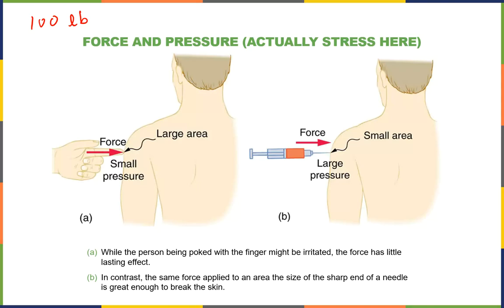This person is wearing high-heeled shoes, and being an interesting person, they decide to stand on one foot and lean back so all of their weight is on just the tip of their stiletto high heel. The tip has an area equal to, let's say, 1/10 of an inch squared. What pressure is that going to apply on that stiletto heel?